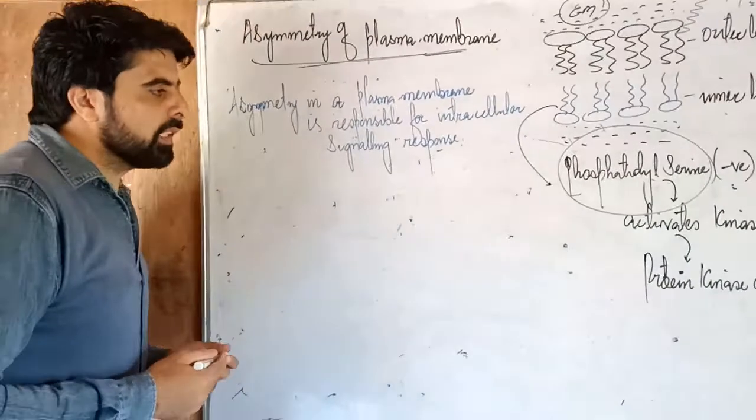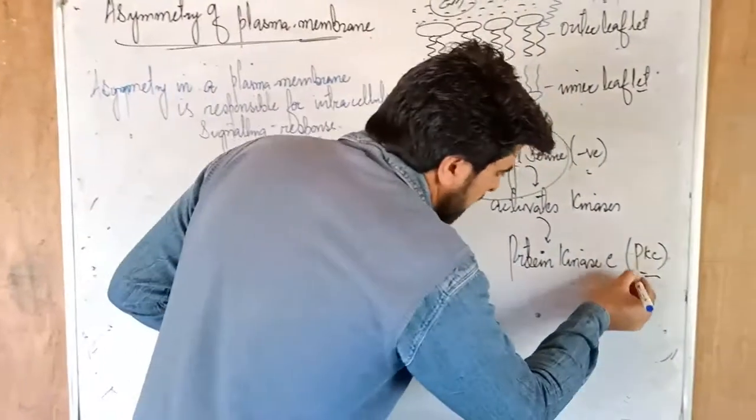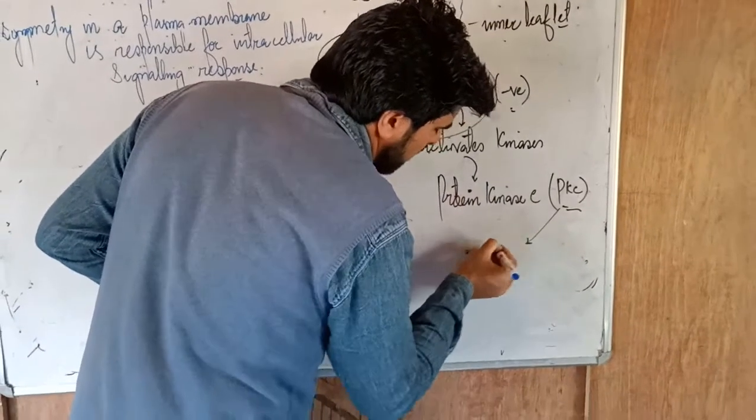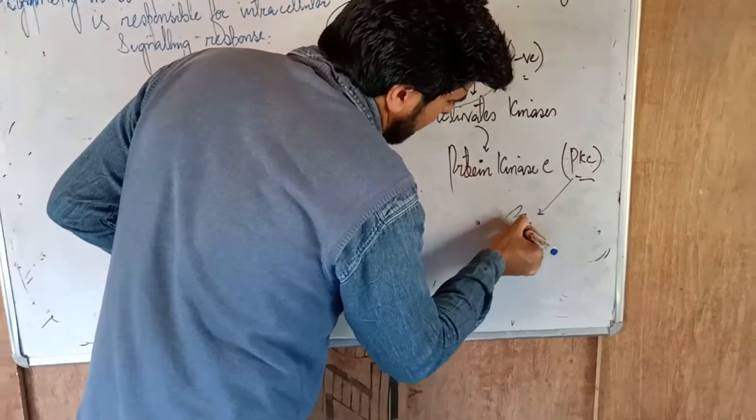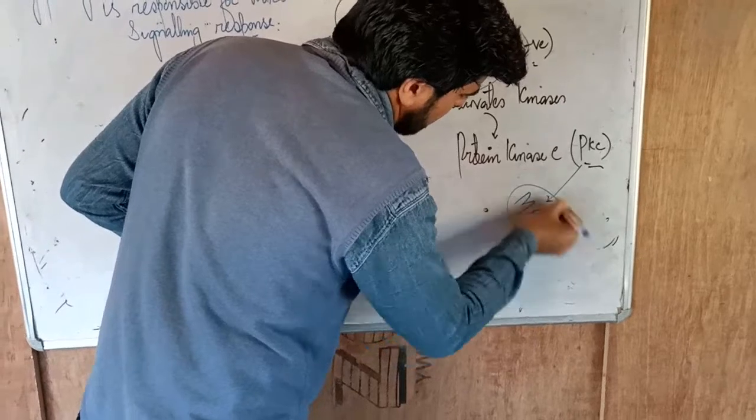This protein kinase C, mainly activated by phosphatidylserine, is an important component of one of the cycles. We call that the MAPK cycle.